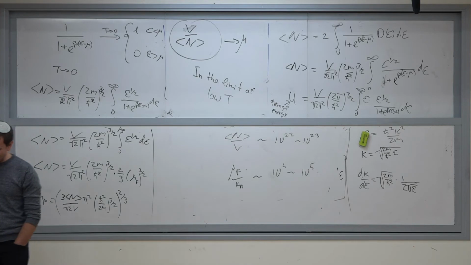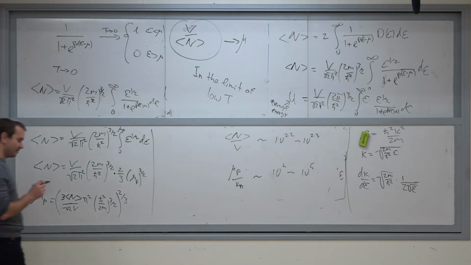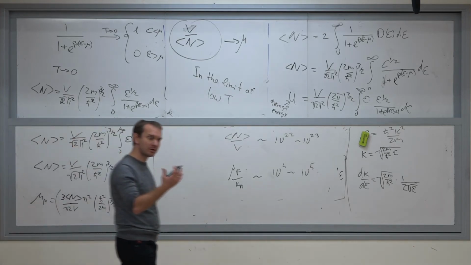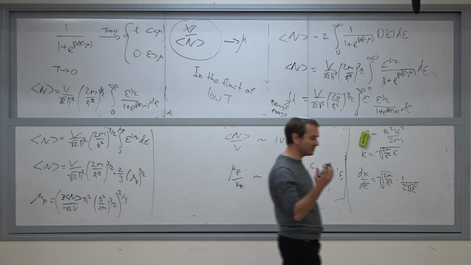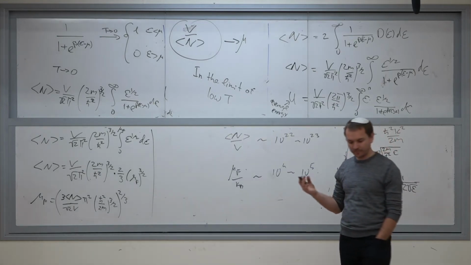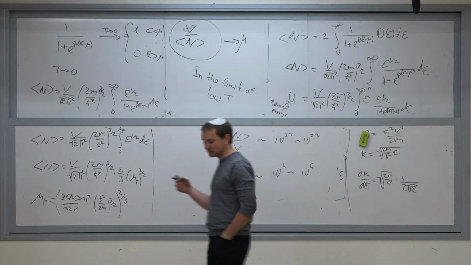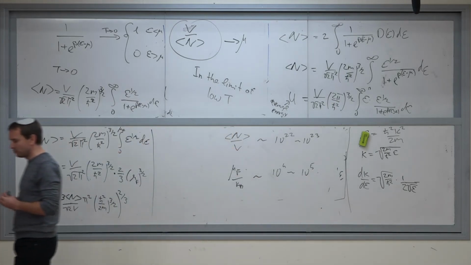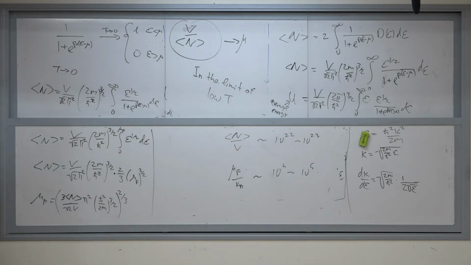So mu Fermi is 10,000 K Boltzmann T, or even 100,000.